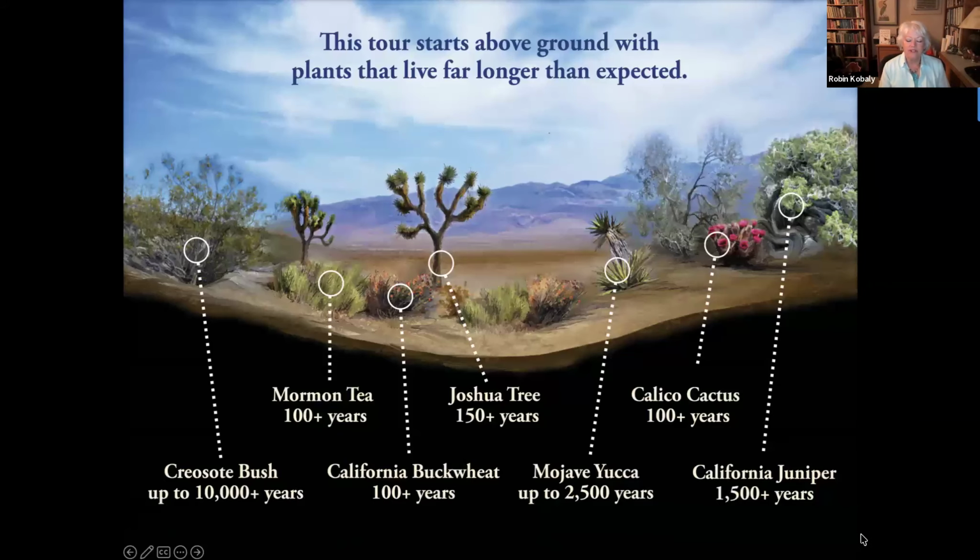So first of all, when we're looking above ground, these fairly short plants that we see, you may not suspect are all that old, but you're probably all aware of King Clone, that very, very old creosote clone in the Johnson Valley area that Dr. Frank Vasek discovered.